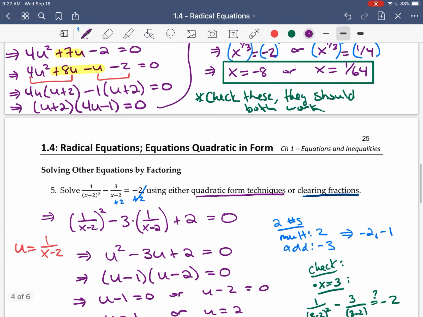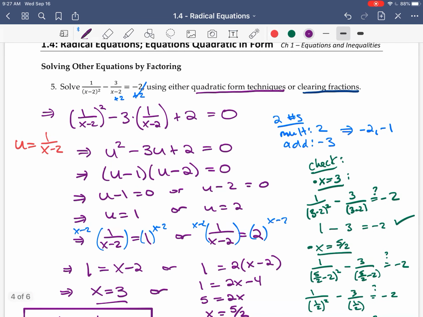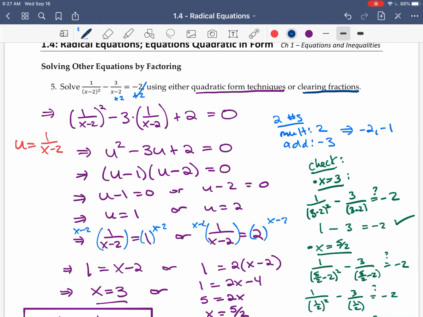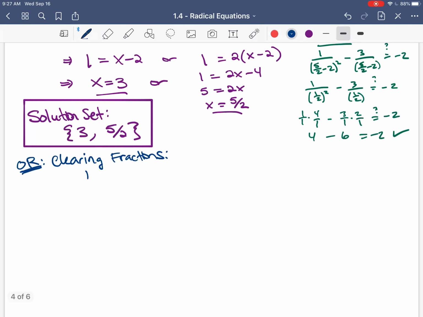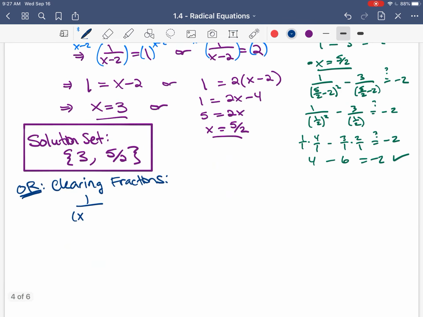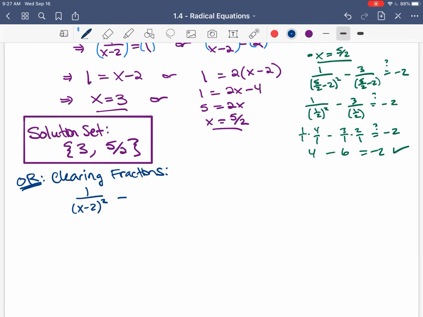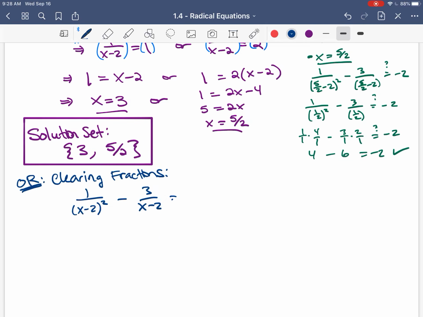Okay, so let's try another one. So I wanted to do this one. There's two methods to do this one, and we only did one of the methods. So we can also do this one by clearing fractions. So let me just turn into that blue color. I'm just going to write it again down here. So it's 1 over x minus 2, all squared, minus 3 over x minus 2 equals negative 2.